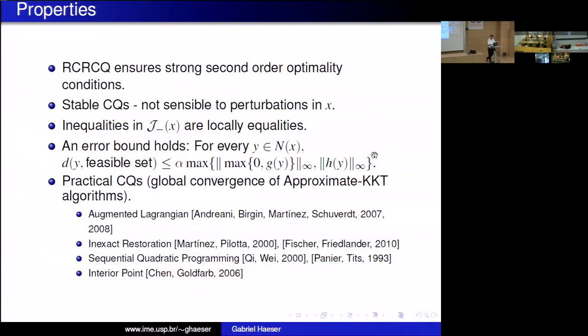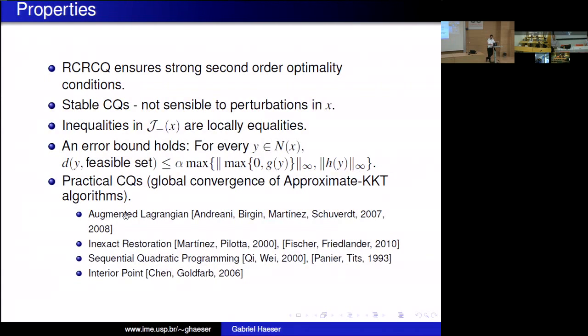It's a very interesting condition, and all these conditions are what we call practical constraint qualifications, in the sense that we are able to prove convergence to KKT points using this kind of condition.